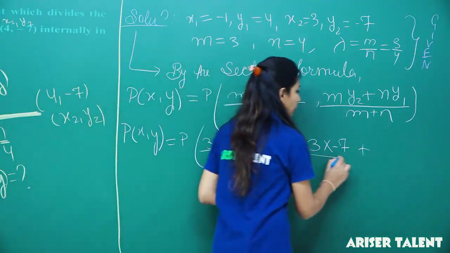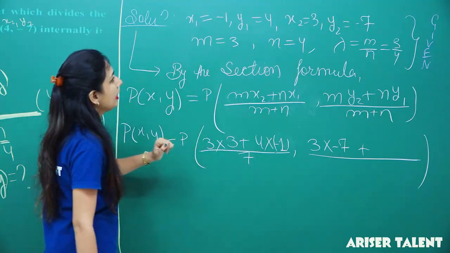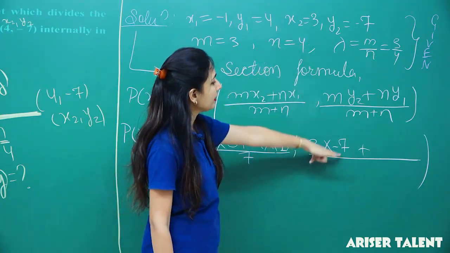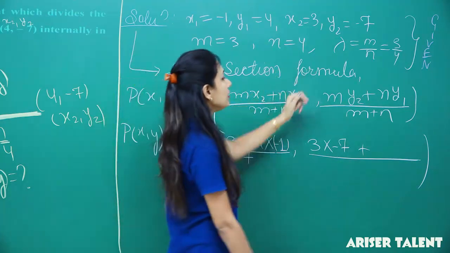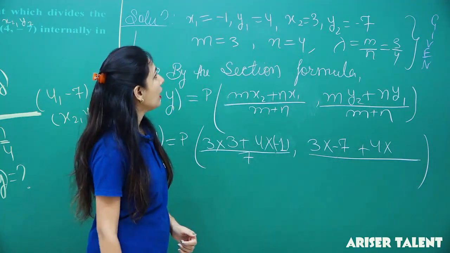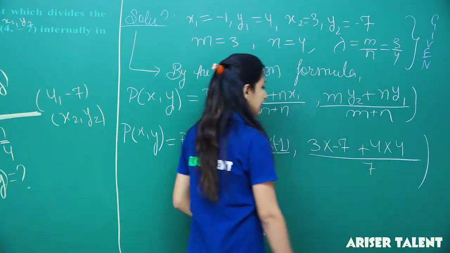Okay, so what we'll do? 3, this is m, multiplied by y2, this is minus 7. Then n, n is 4, and multiplied by y1. Now y1 is 3, upon 7.